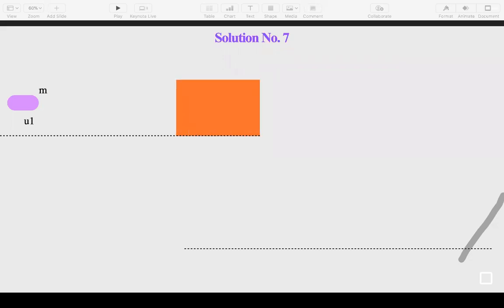Second, the wooden block of mass capital M has initial velocity u2. This is the before impact case. Now what will happen after impact? The bullet will be embedded inside the block.